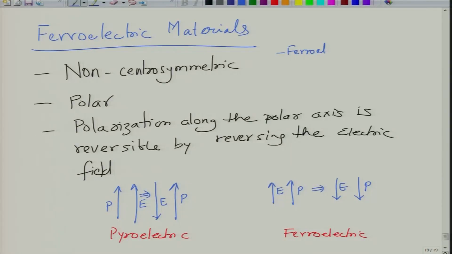Also, ferroelectrics are materials which have a transition. The ferroelectric behavior will disappear above a certain temperature called the Curie temperature, Tc. They have a ferroelectric transition, which is typically a phase transition, as we will see in thermodynamics.